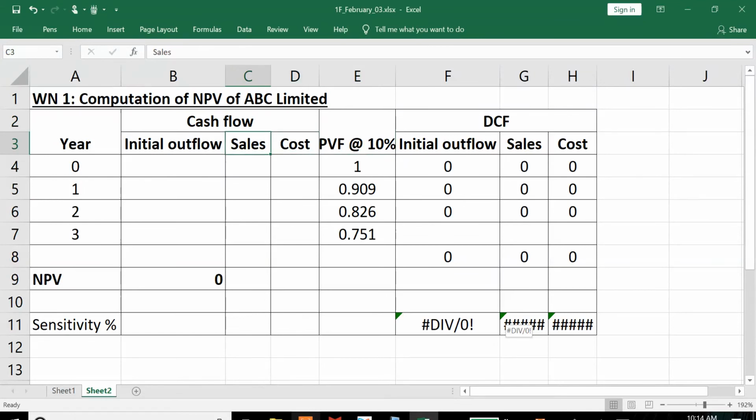Year, 0, 1, 2, 3, cash flow, initial outlay, sales, cost, PVF, DCF, initial outlay, sales, cost.